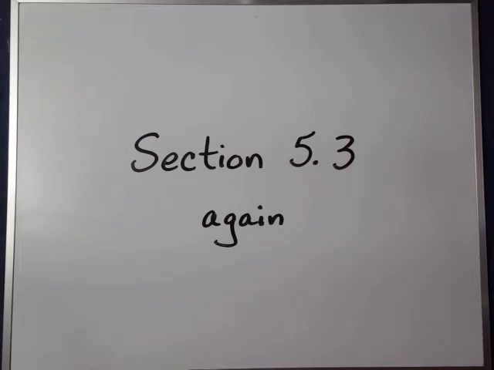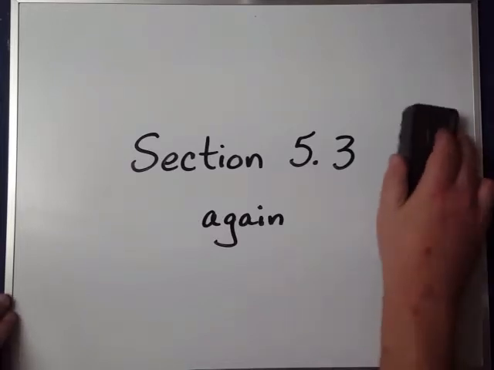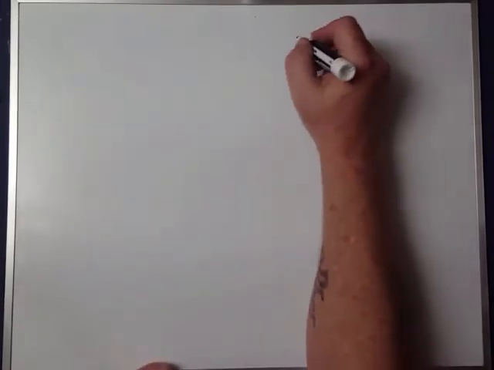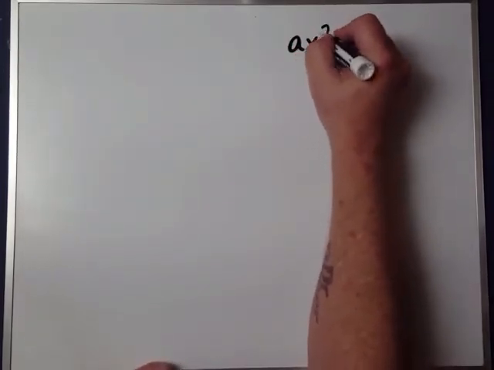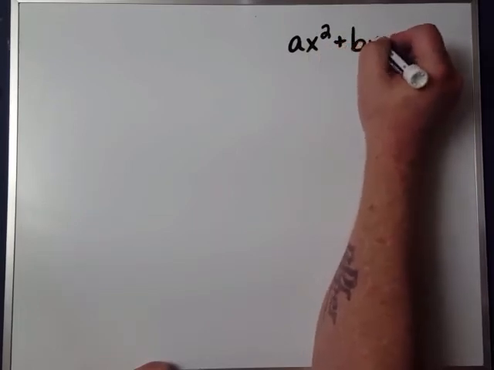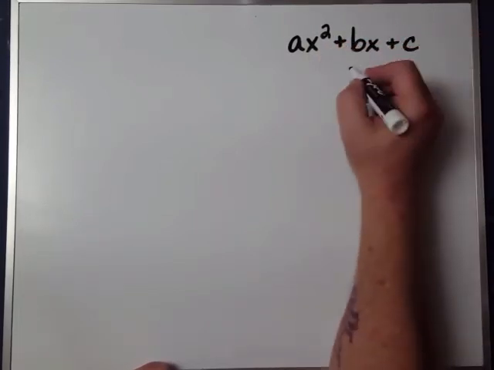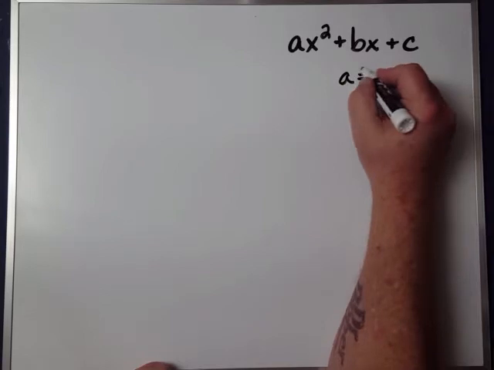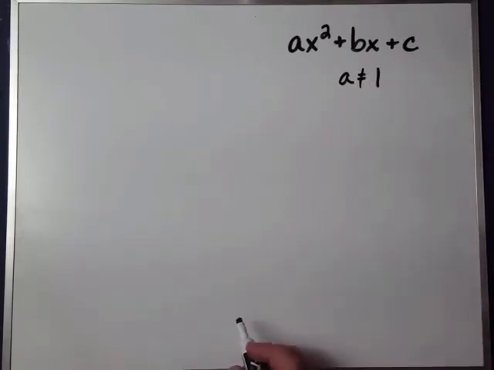Section 5.3 again. This time we're going to look at that other method for factoring these trinomials. These are trinomials of the form ax squared plus bx plus c, where that leading coefficient a is not 1.